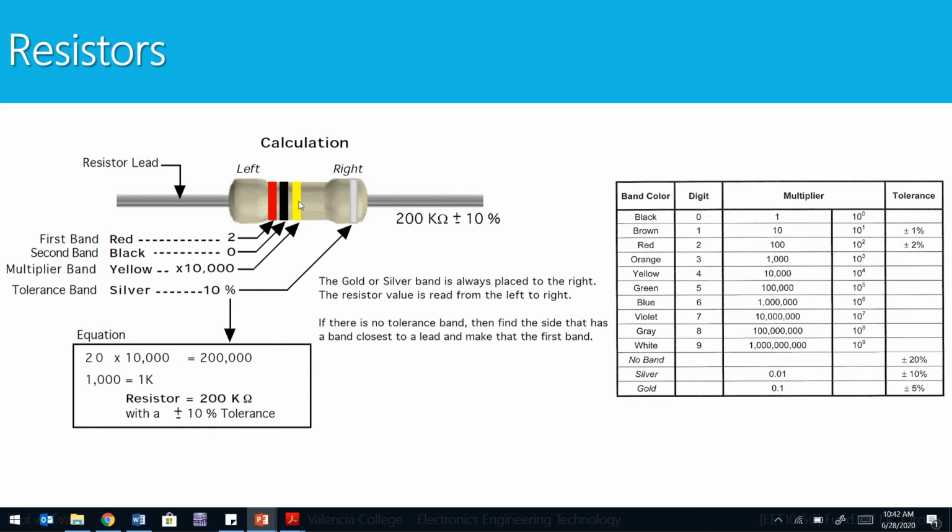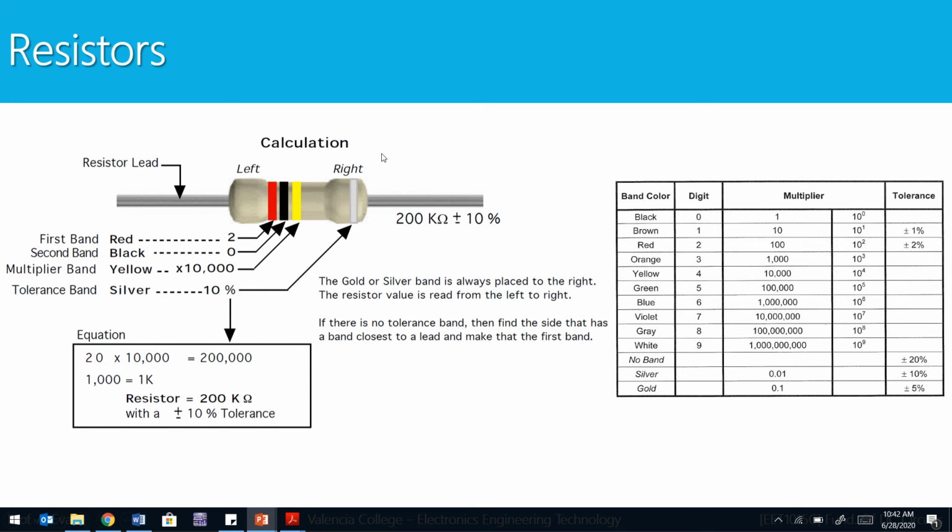And then the third band is a multiplier. It means you're going to take these 2 digits, which form a number, and multiply it by something. The third band represents the multiplier. Look at the third band, and you see that the color is yellow. Take that color yellow and go over to the multiplier column in the chart on the right. We see that's 10,000, or 10 to the 4th.